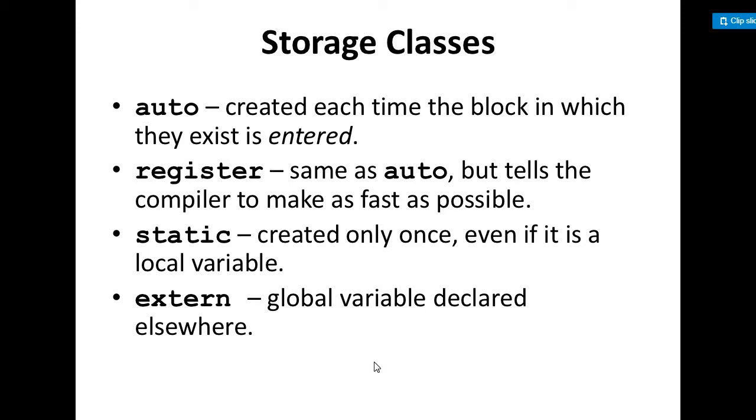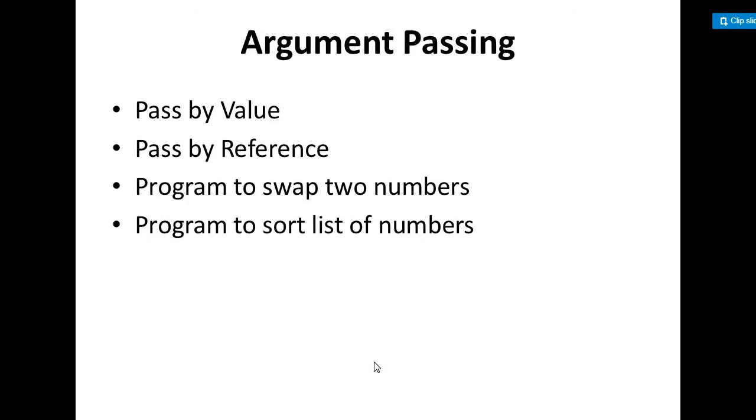Auto means created each time the block in which they exist is entered. Register is the same as auto, but tells the compiler to make access as fast as possible. Static is created only once, even if it is a local variable. External means global variables declared elsewhere. So 4 types of storage class: auto, register, static, and external or global.